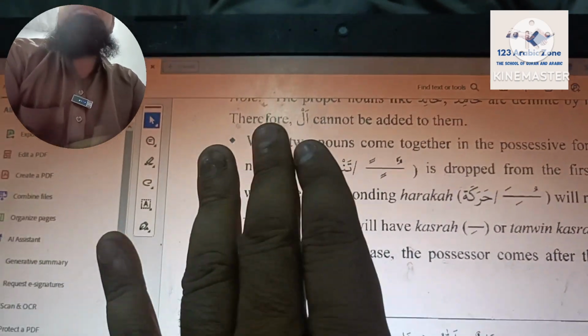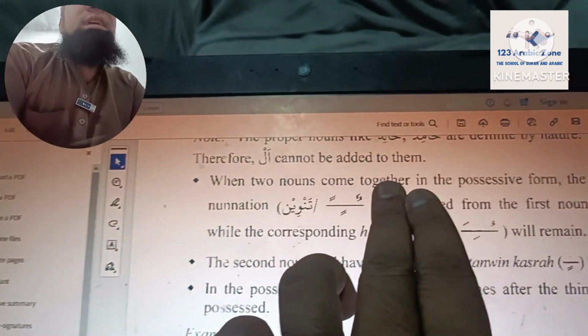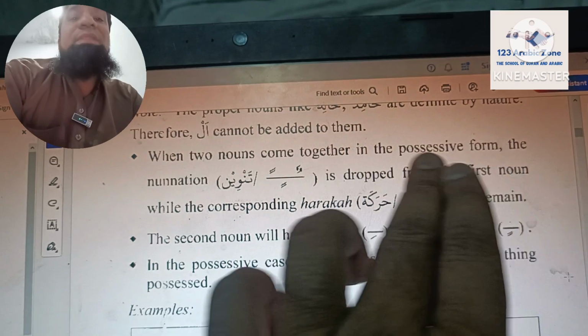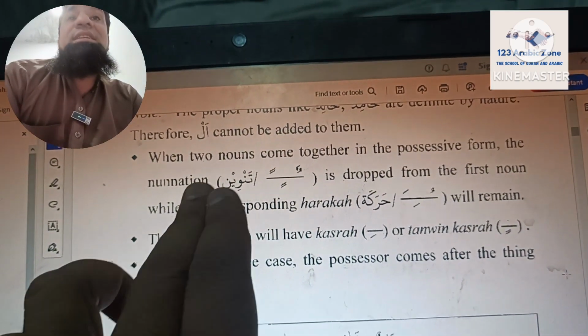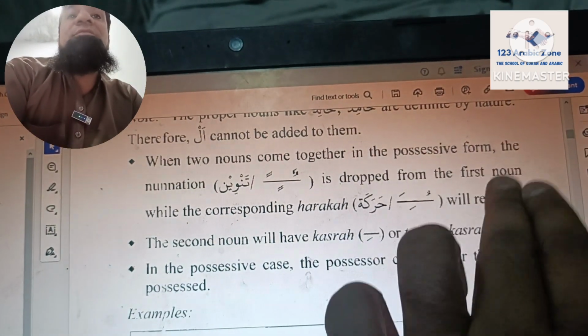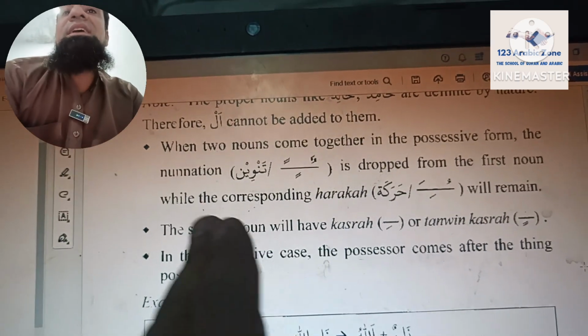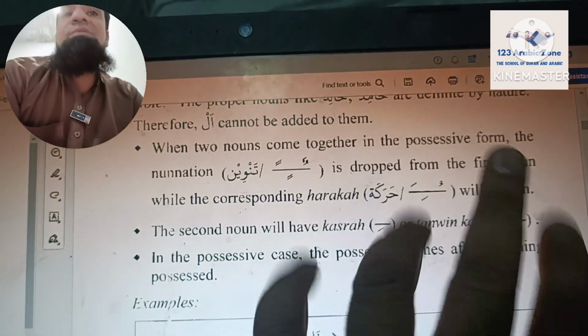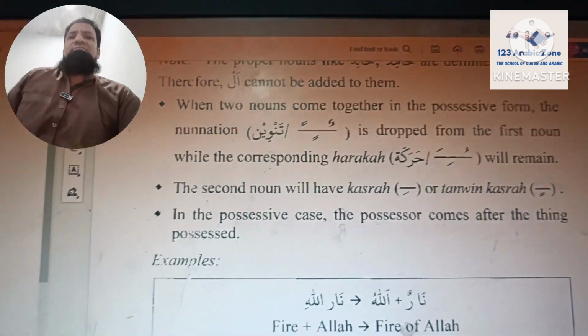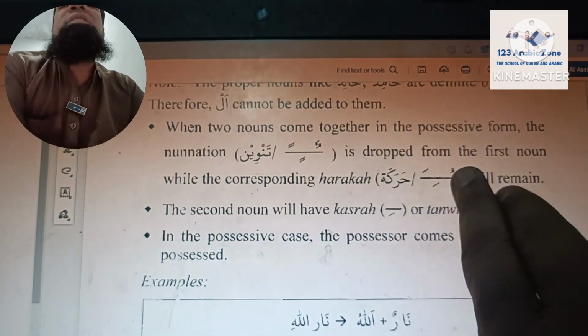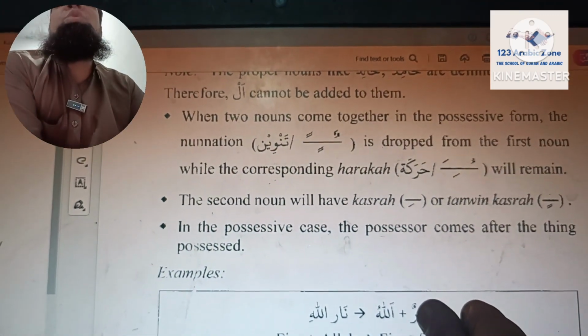The nunation is dropped while the corresponding haraka will remain: ru, na, ru.